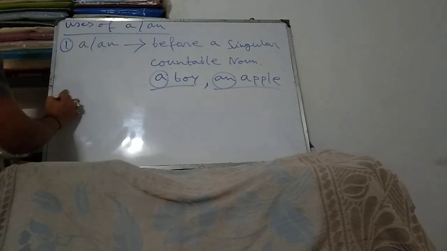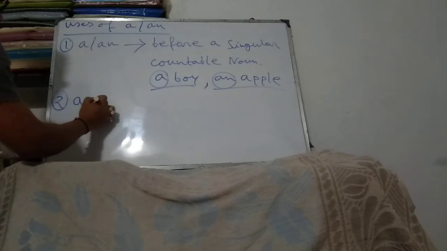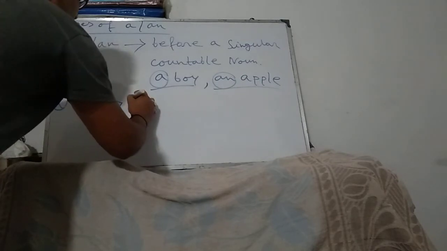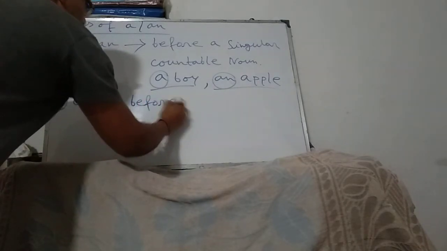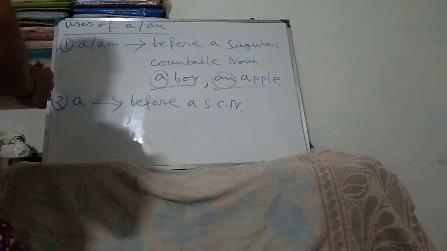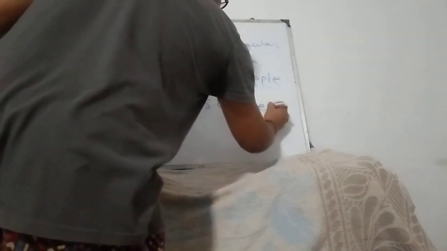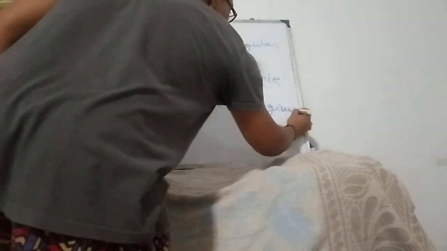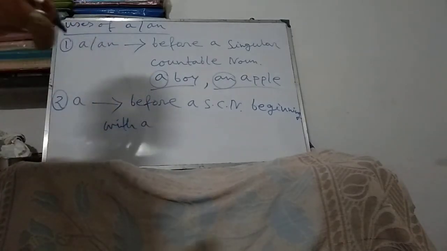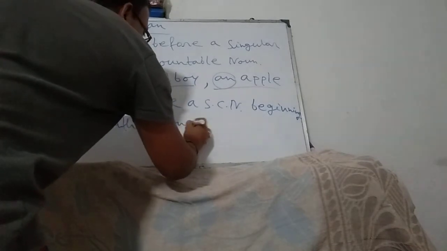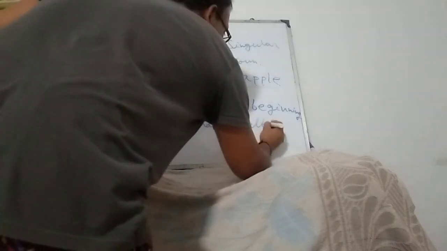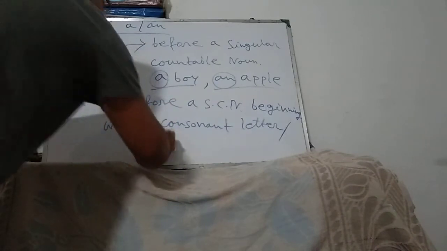Once again, a is used generally before a singular countable noun beginning with a consonant letter or consonant sound.